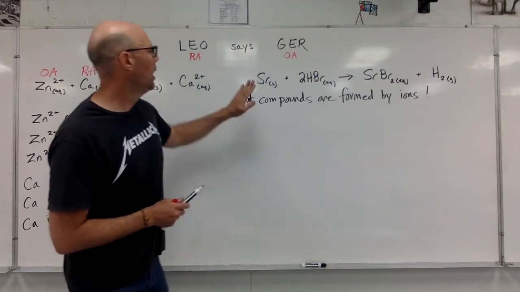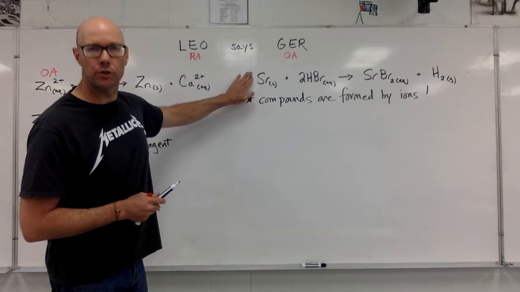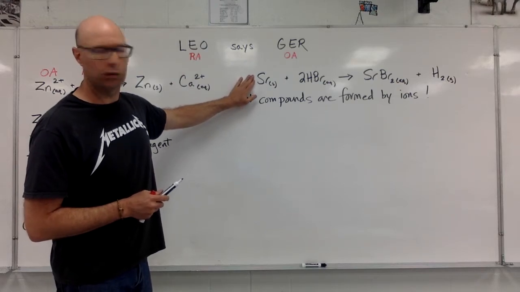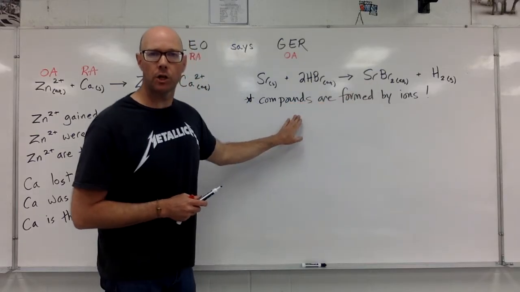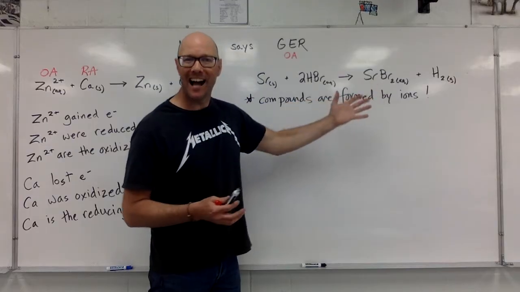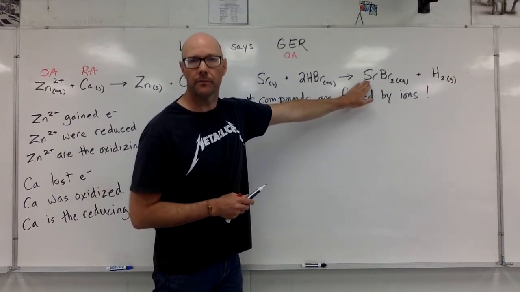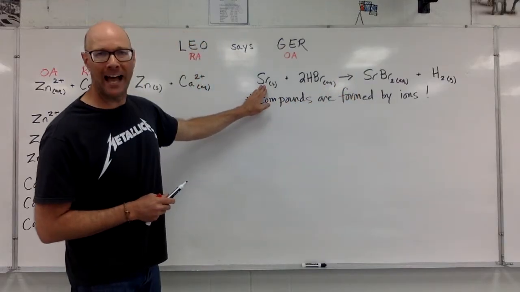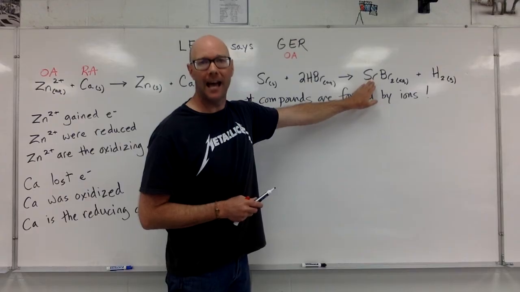So, when I look at the strontium, I see that it's atomic. Strontium atoms, which are neutral, became involved in this compound. Because compounds are formed by ions, indirectly here, it's hiding in there a little bit, that's telling me those are strontium ions. The neutral atom actually is a positively charged atom.